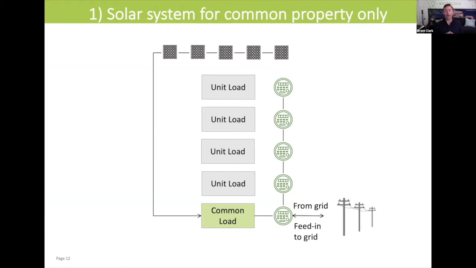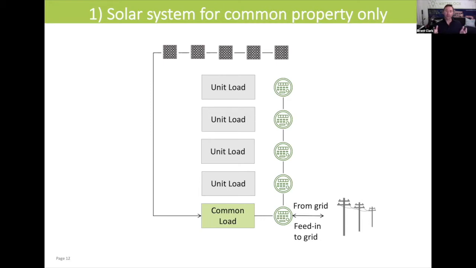Now, when you have a solar system connected to a meter, if there's not enough demand on that meter at a particular time of day where more solar is generated than can be consumed inside the building, then the extra solar will feed into the grid.